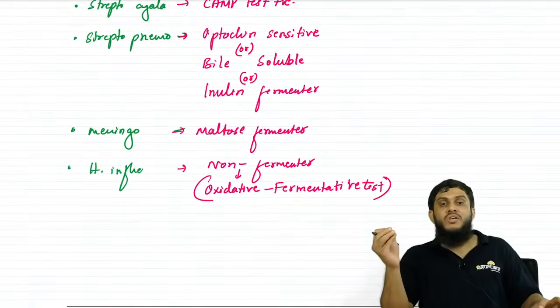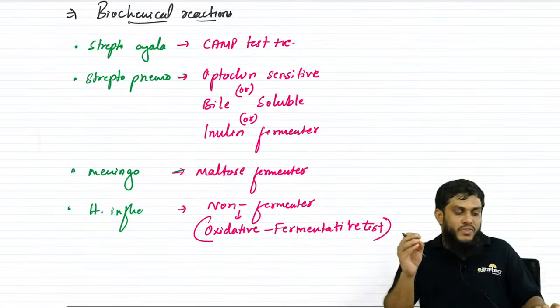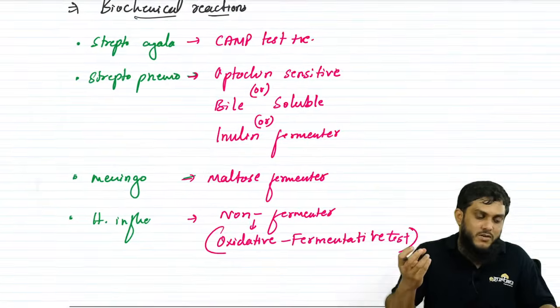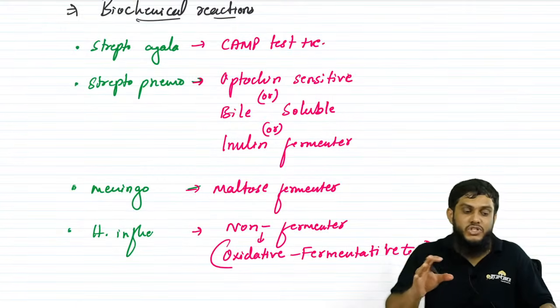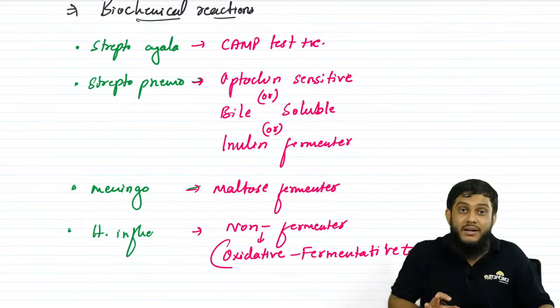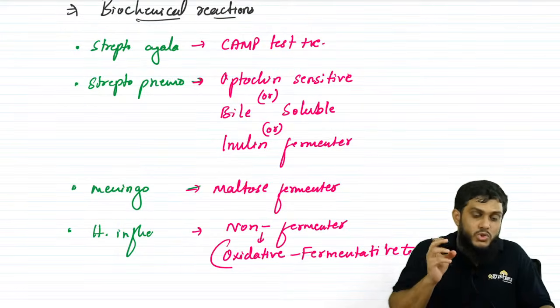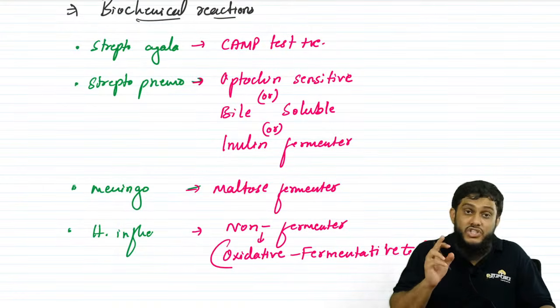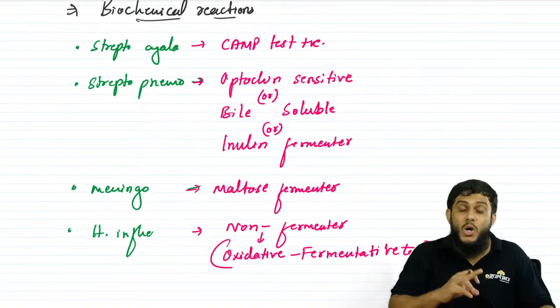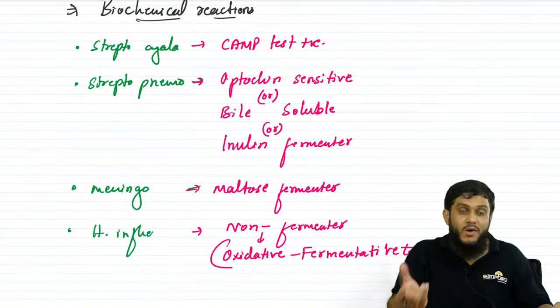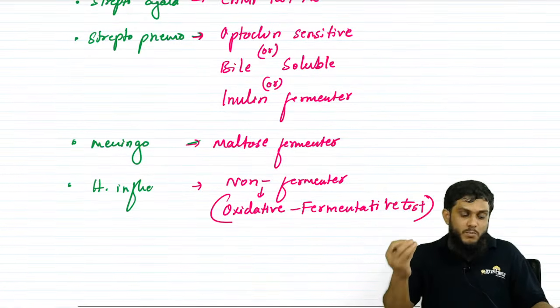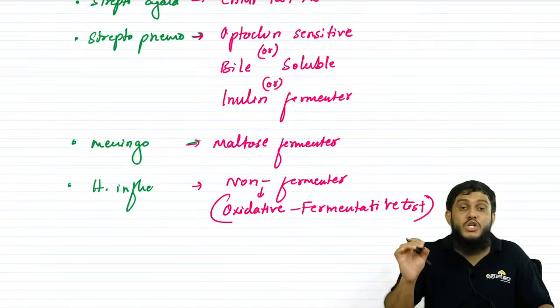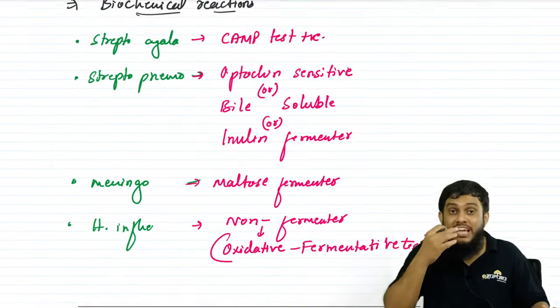Haemophilus influenzae is a non-fermenter. So these are the few important biochemical tests we need to know for the entrance examination related to the bacteria which cause meningitis. Streptococcus agalactiae is CAMP positive. Streptococcus pneumoniae is optochin sensitive, bile soluble or an inulin fermenter. Meningococcus is a maltose fermenter. Haemophilus influenzae is a non-fermenter. It will not ferment any sugar.